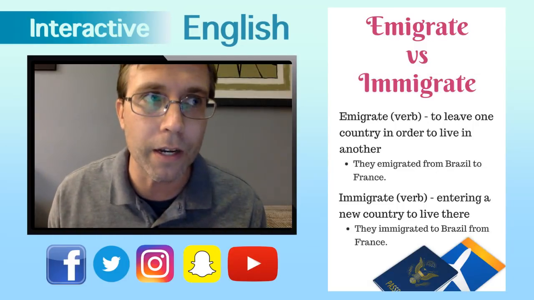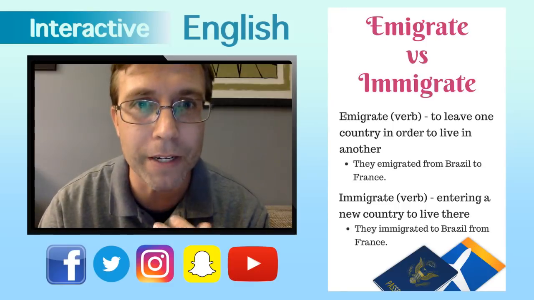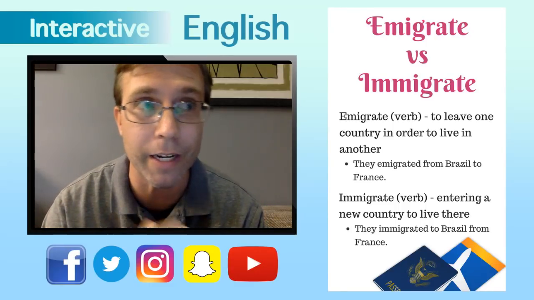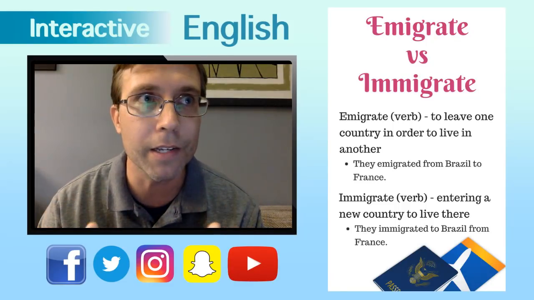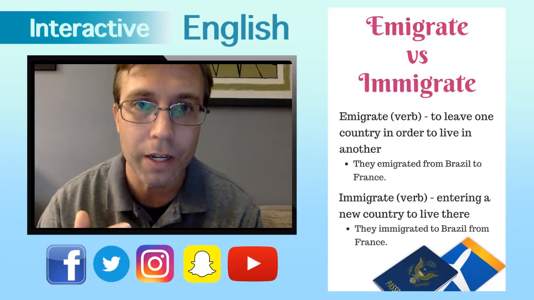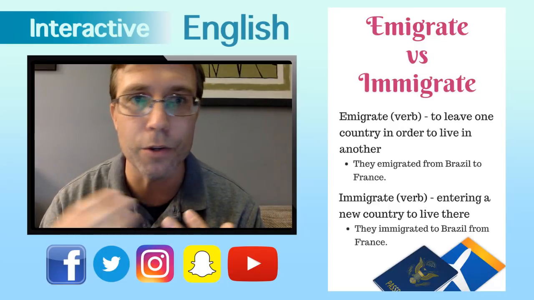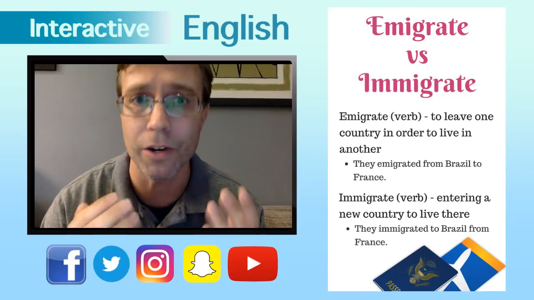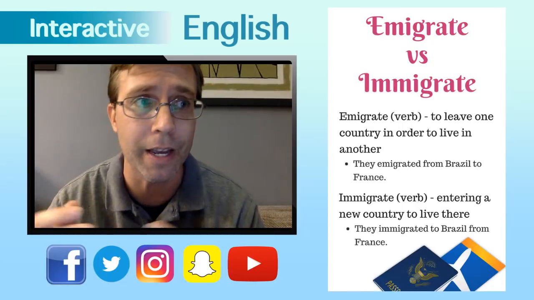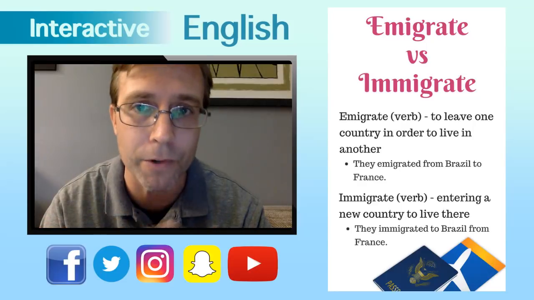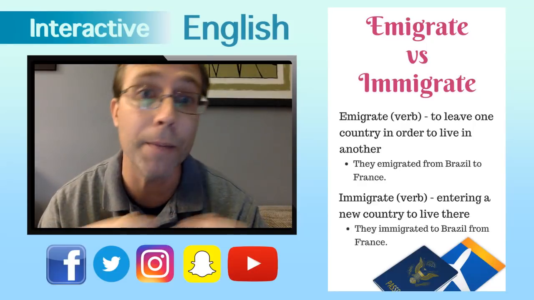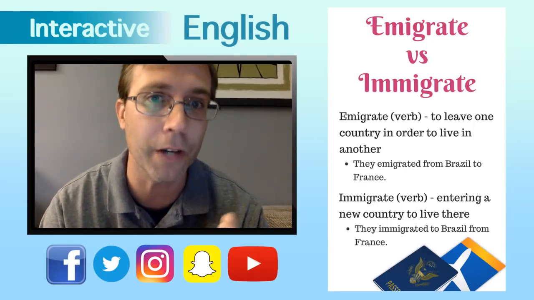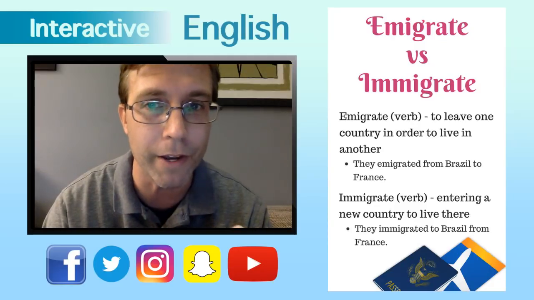Now, when you're emigrating to somewhere else, it does have a more legal context to it, that you have permission for work, or maybe your spouse is from that country, and you have all your documents and papers in order, and you emigrate to another country and you plan to live there.